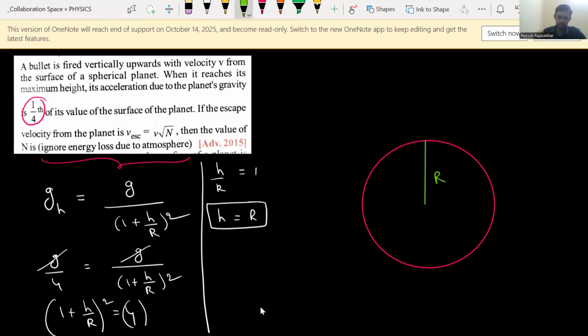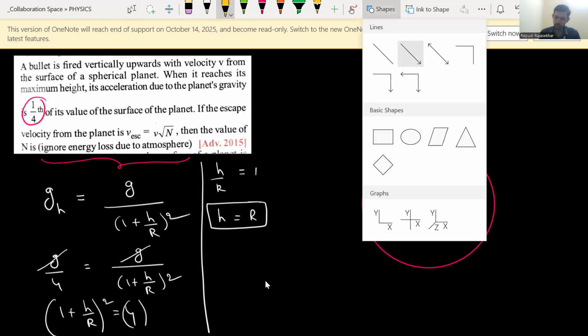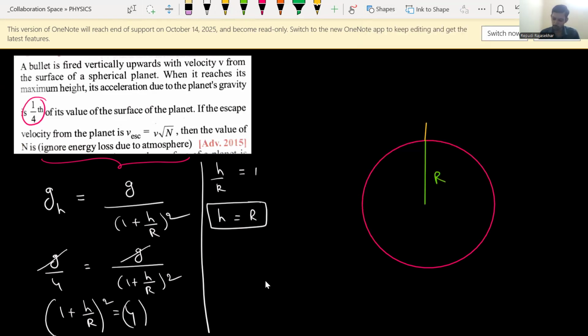Now at what height did the gravity become g by 4 as per the question? After simplifying we got h equals r. That means from the surface of the planet, if you go to a distance r, then the g value becomes g by 4 at this height.